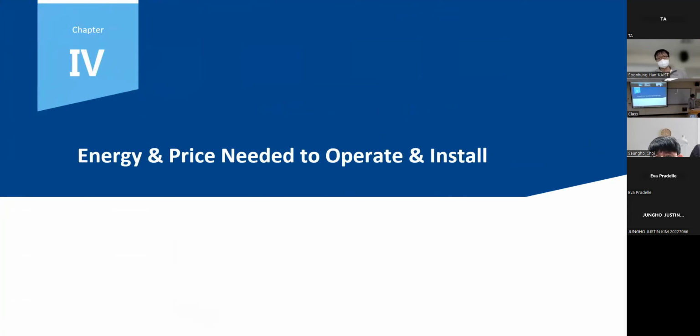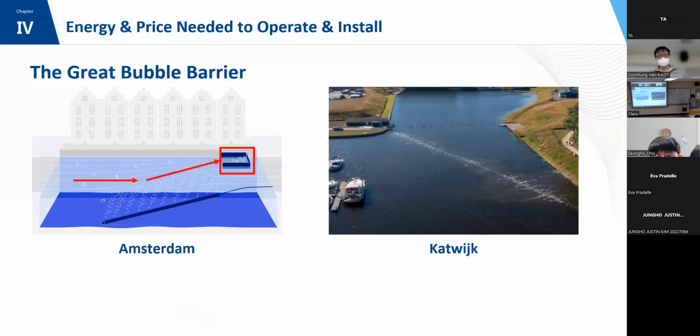The fourth part is the energy and price needed to operate this. I searched about the Great Bubble Barrier, which is in Amsterdam, Netherlands. It is a company that installs bubble curtains in waterways.